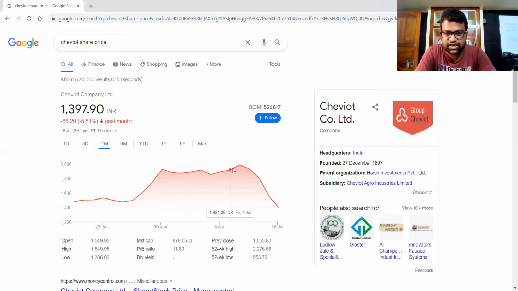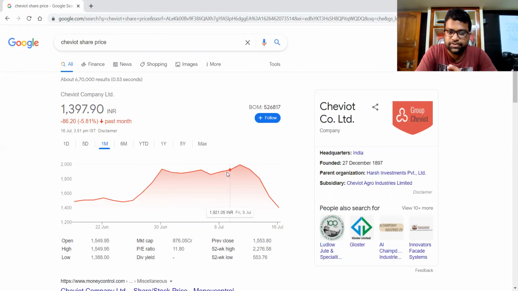When I saw that the share was trading flat and not going up much for a few days, around 7th or 8th July I sold it at around 1885 or something like that. I sold around 8th July, right? It was around 7 days before the accident.